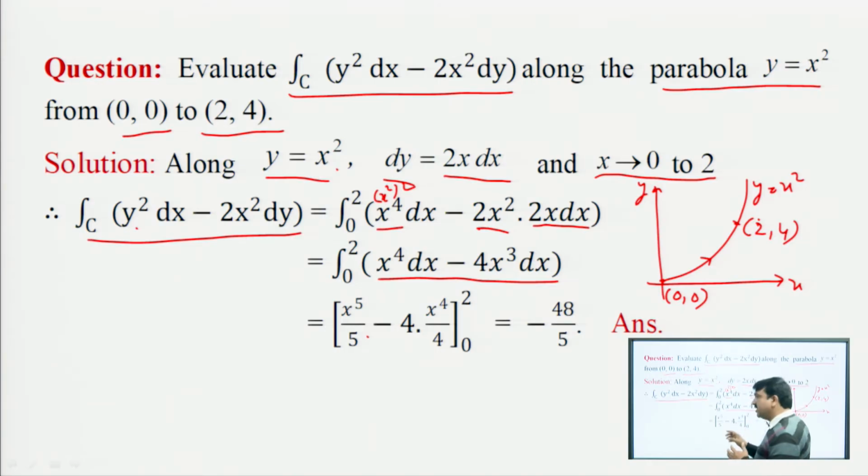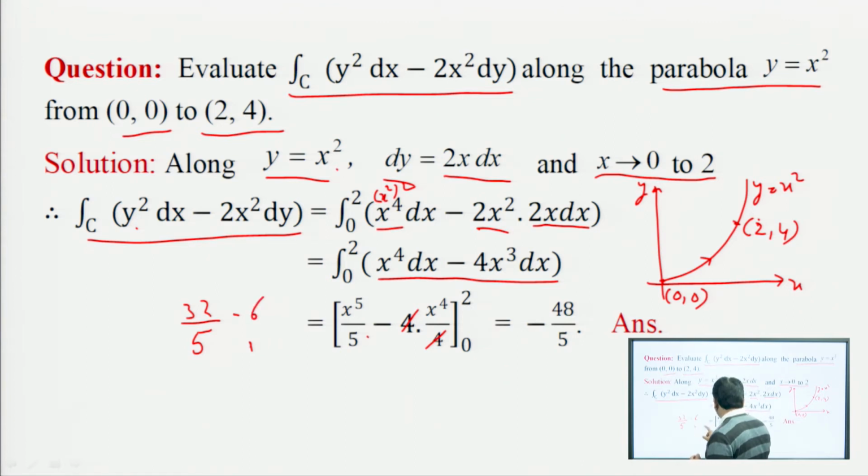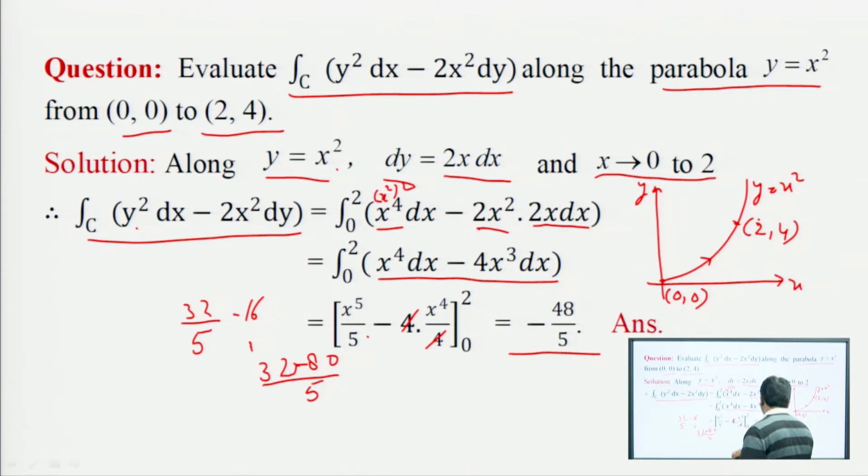When we put the upper limit, the value becomes 2 to the power 5, that is 32 by 5, minus 16, which is equal to (32 minus 80) by 5, which equals minus 48 by 5.